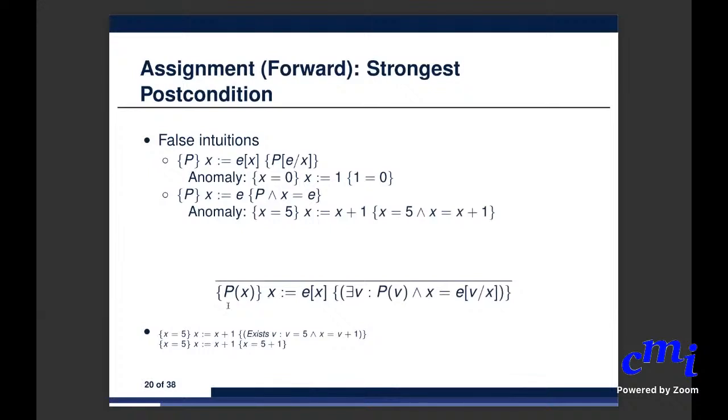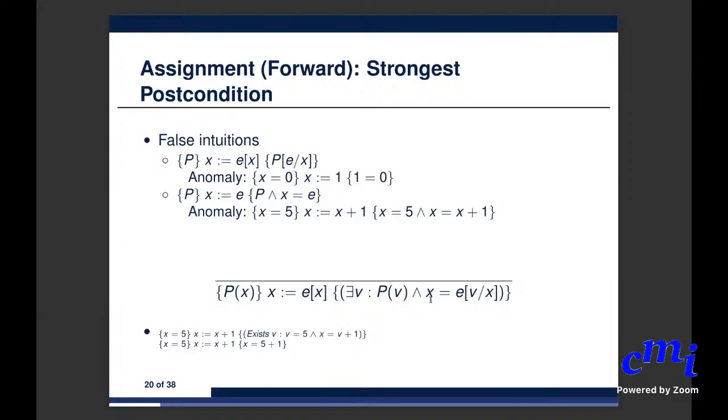So this is how it is stated. If you start with any predicate p, and your assignment statement is x is assigned some expression e, which can involve, in addition to any program variables, including x, then if you're starting with a precondition characterized by p of x, the strongest postcondition exactly states the new value of x.